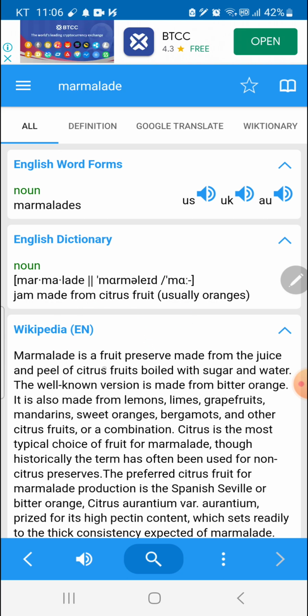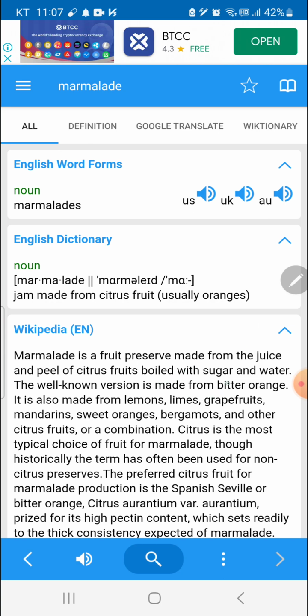Marmalade. Jam made from citrus fruit, usually oranges. Marmalade is a fruit preserve made from the juice and peel of citrus fruits, boiled with sugar and water. The well-known version is made from bitter orange.